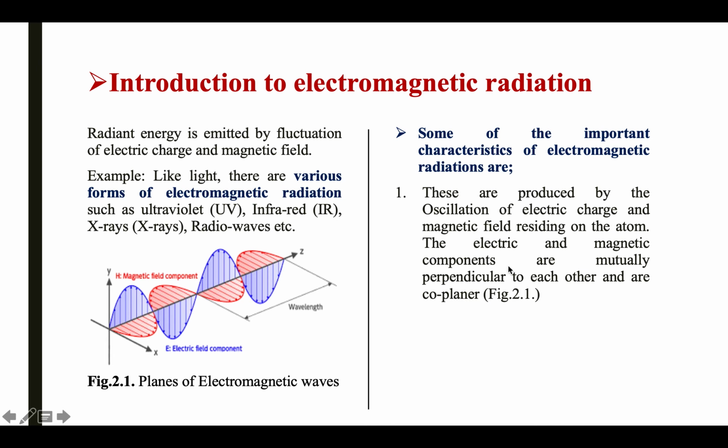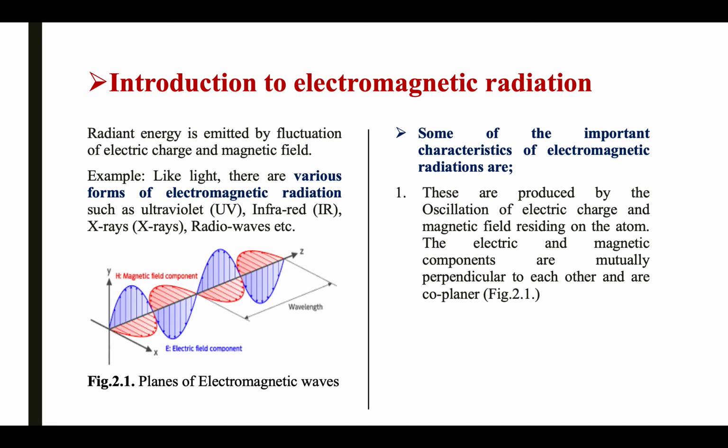The electric and magnetic components are mutually perpendicular to each other, and these are coplanar. Suppose the electric field component is in one plane, that is the y plane, and in the x plane there will be the magnetic field.